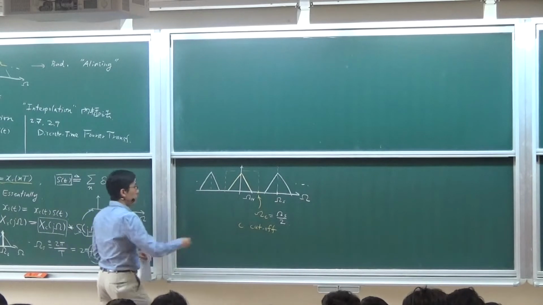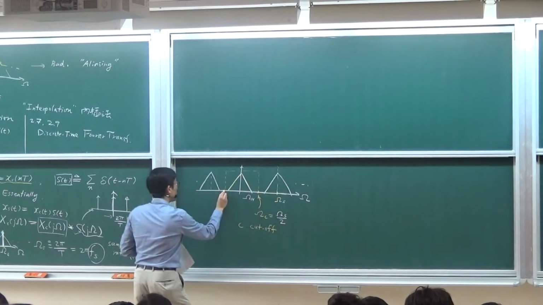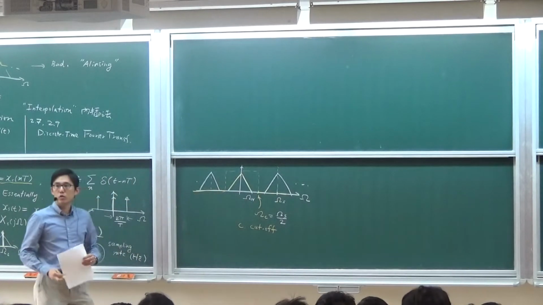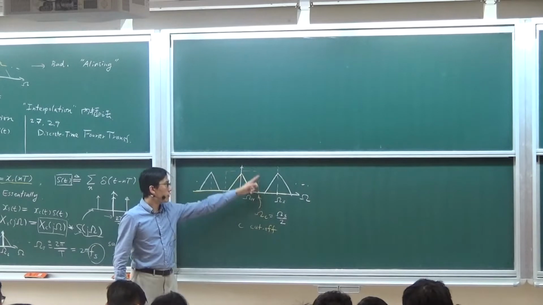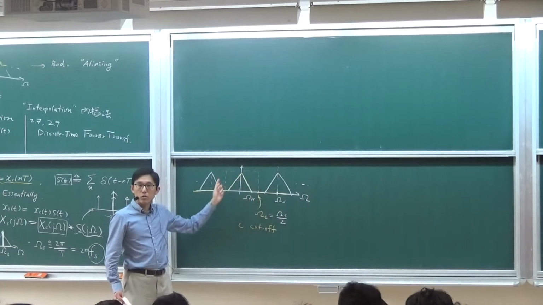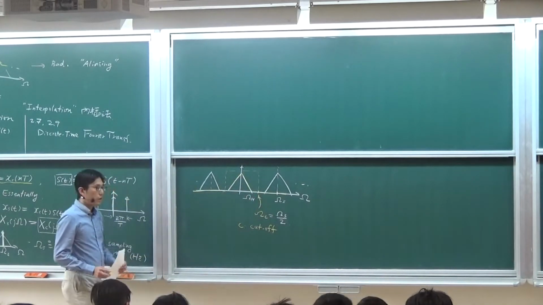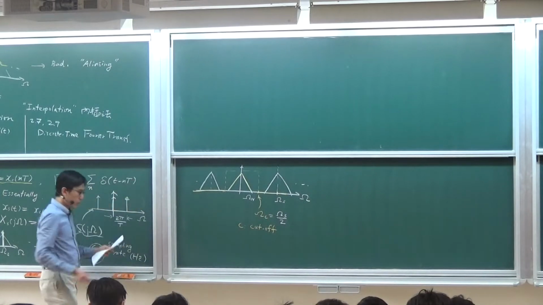So this is in the frequency domain. We're going to multiply our spectrum with an ideal low-pass filter. So that's in the frequency domain.